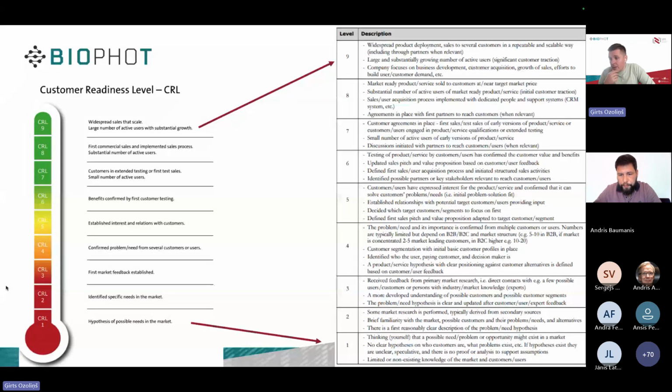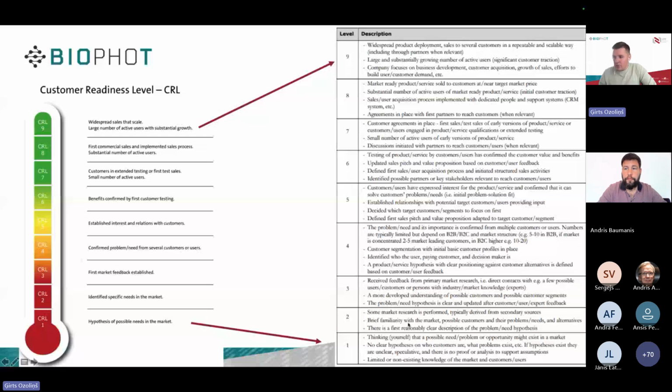I have not even performed market research yet. Or I have no clear hypothesis about who the customers are or what problems exist; hypotheses are unclear, speculative, with no proof of analysis to support assumptions. You can see that this is a very early stage, without any preliminary desk research.